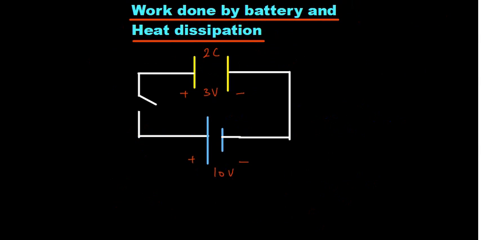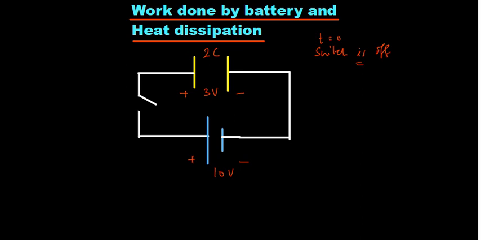Here you have to calculate the work done by the battery and the heat dissipation. So let us first calculate the initial charge on the capacitor, as the battery is disconnected initially. At t equal to 0, the switch is off, it is not connected.